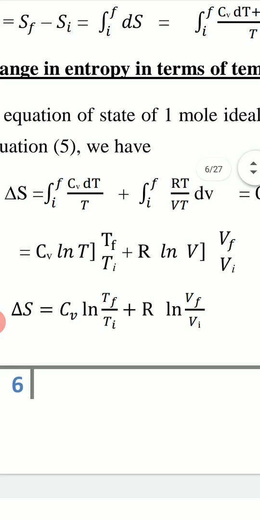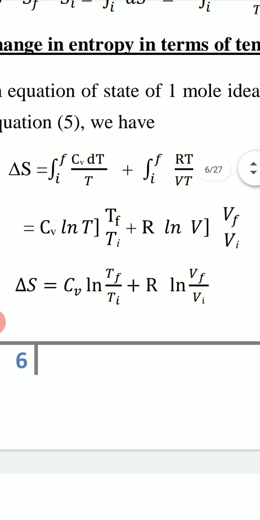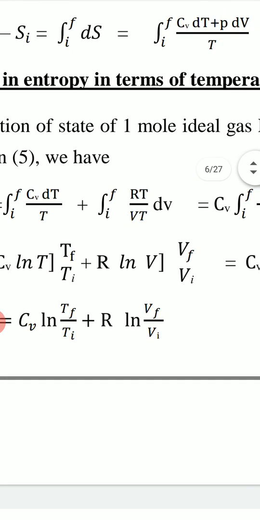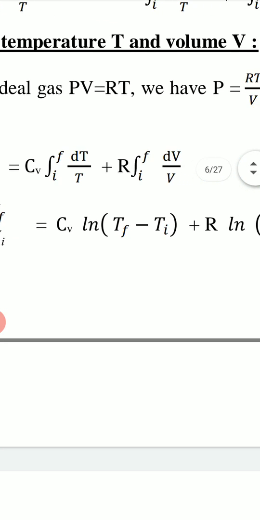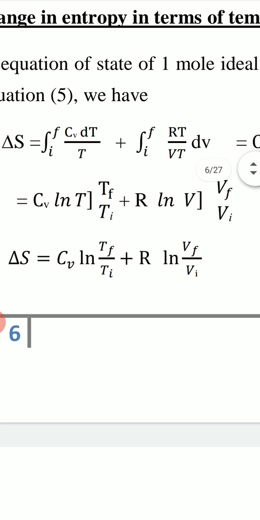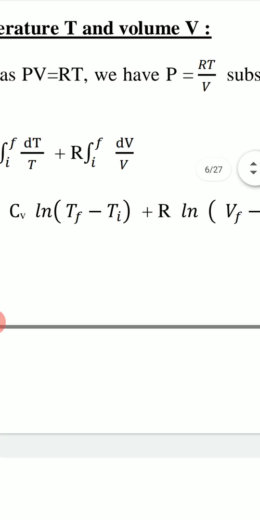If we put these limits, in first term we get Cv log Tf minus log Ti.